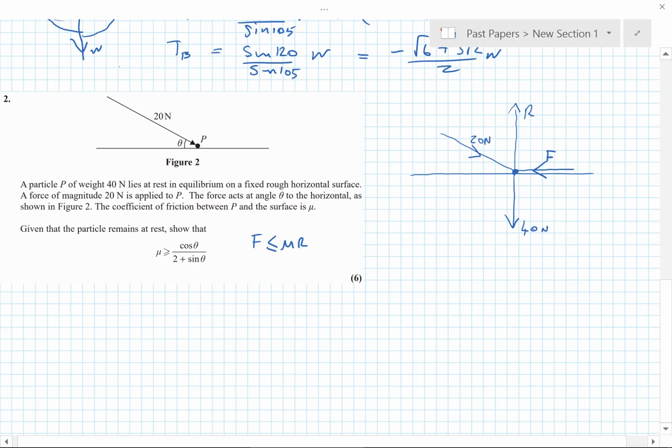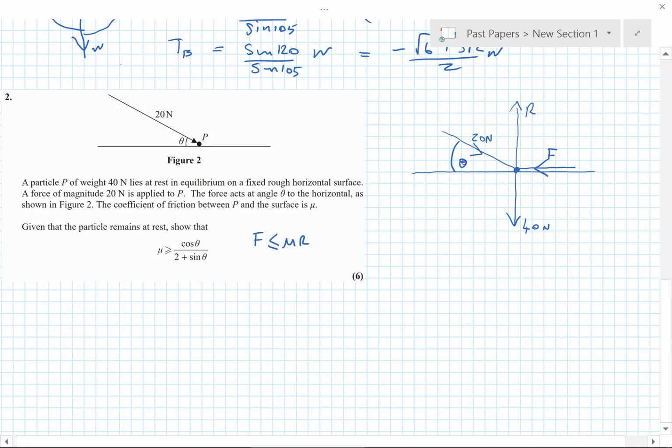So we definitely do resolve horizontally and vertically in these cases, and we've got this angle as theta. So let's resolve horizontally, and what we have is the F and the component of the 20 balancing, one going one way and the other going the other.